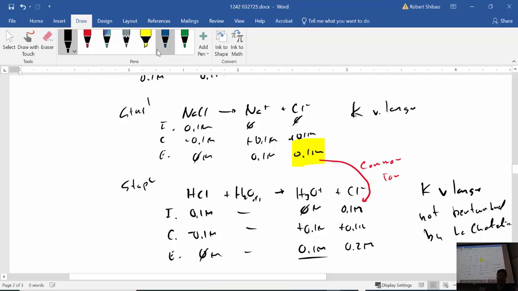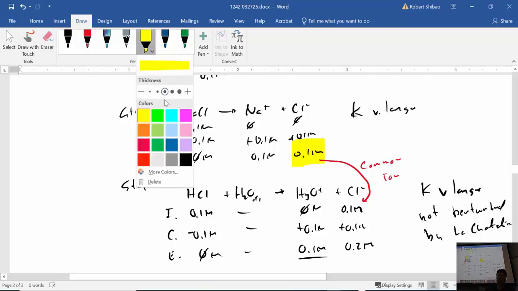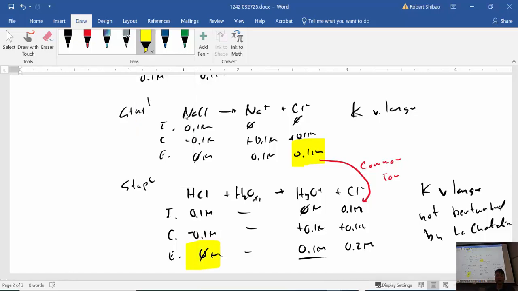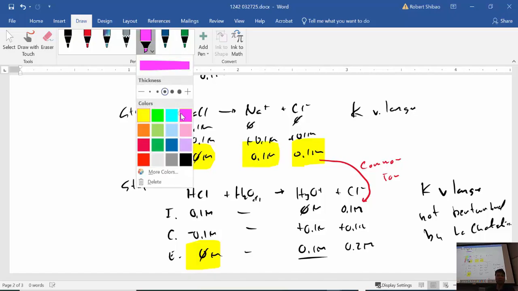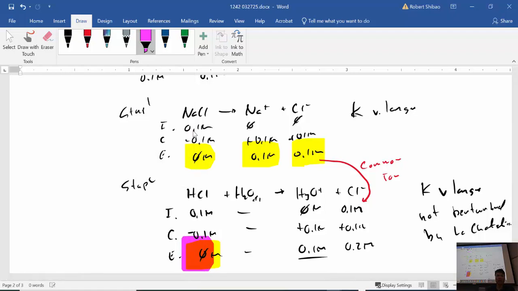And so when we look at the species present, they are going to be 0 molar HCl, 0 molar sodium chloride, 0.1 molar sodium ions, 0.2 molar chloride, and 0.1 molar hydronium.